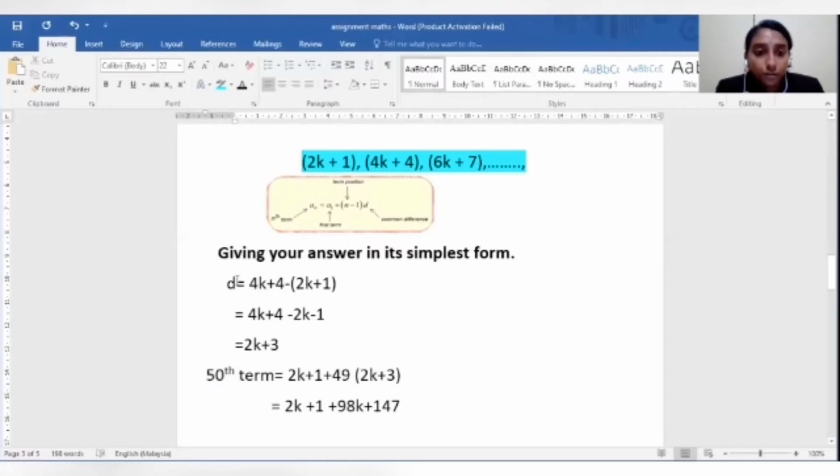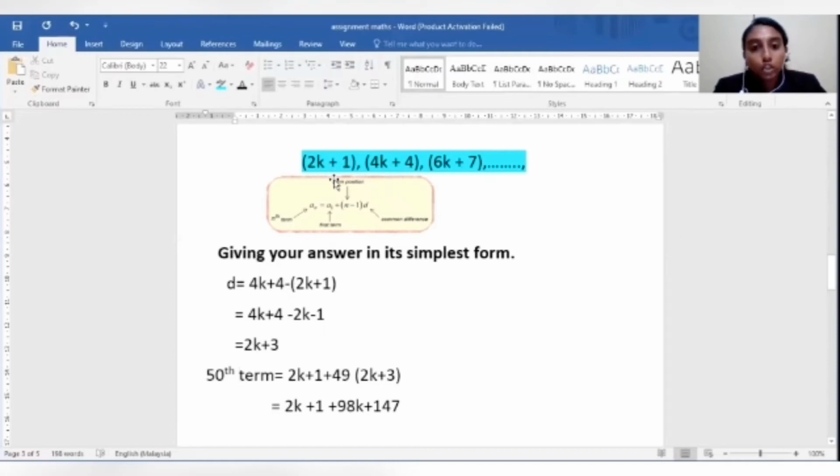The first thing that we have to do is, they already gave the three numbers. So I just choose 4k plus 4 here, and then I just minus 2k plus 1.